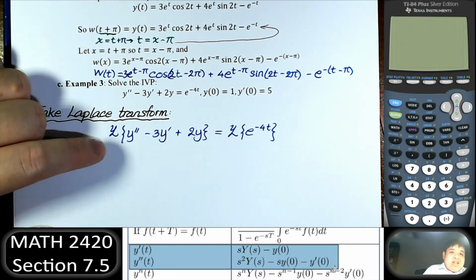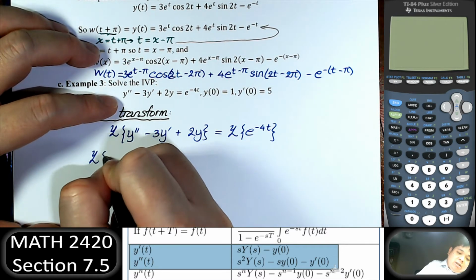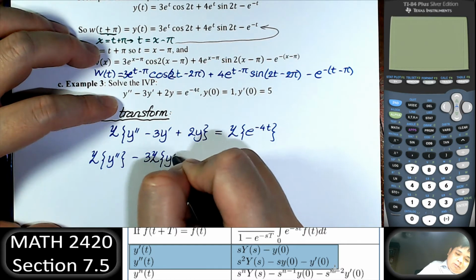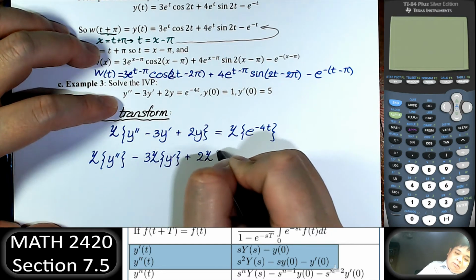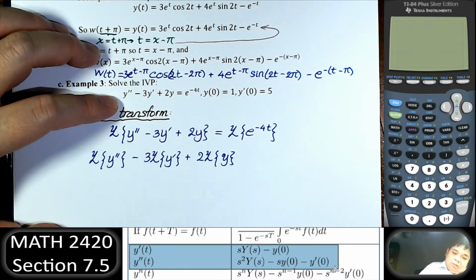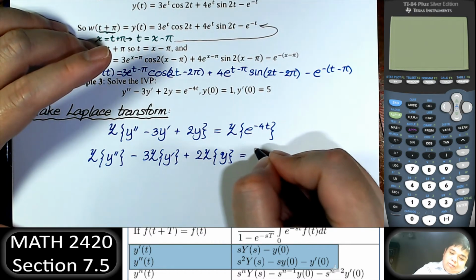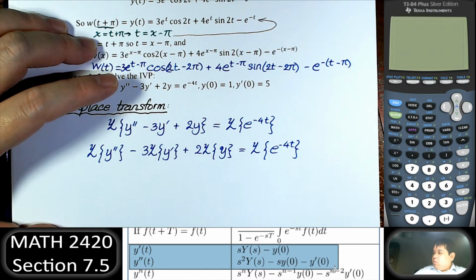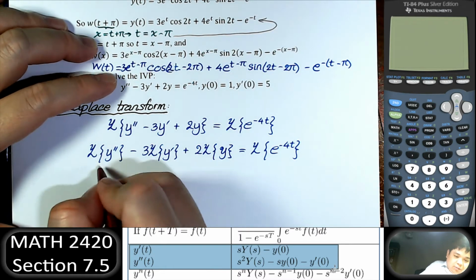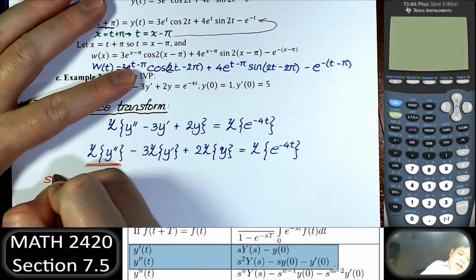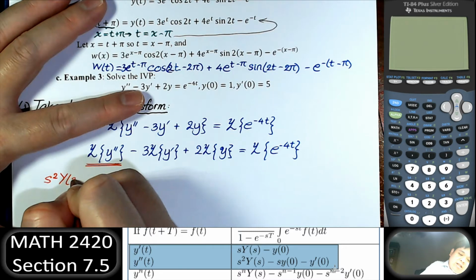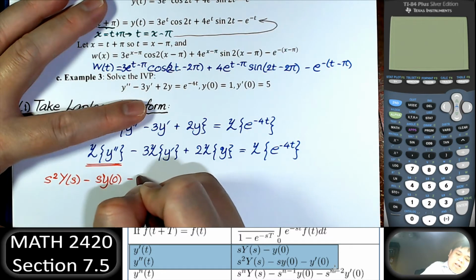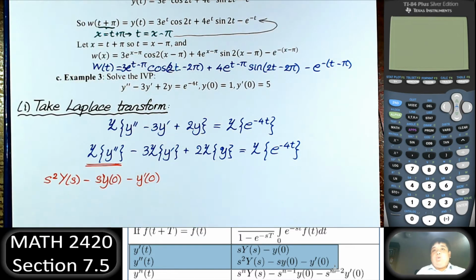Now, by the linearity of the Laplace transform, we can split. The Laplace transform of the second derivative is s squared y sub s, minus s times little y at 0, minus the derivative at 0.